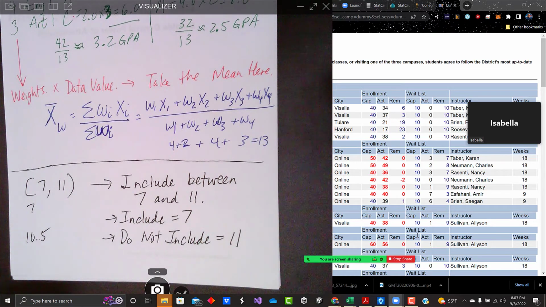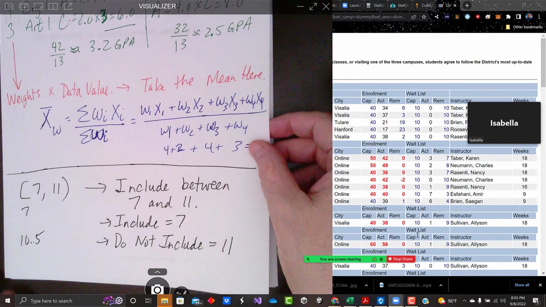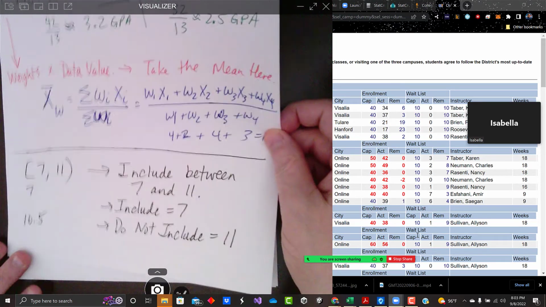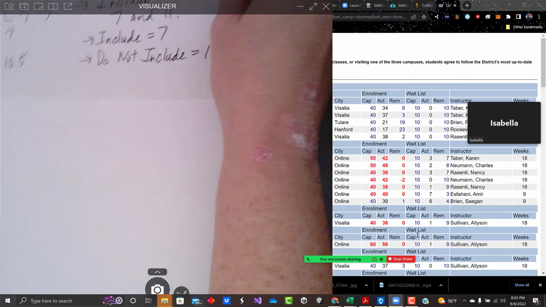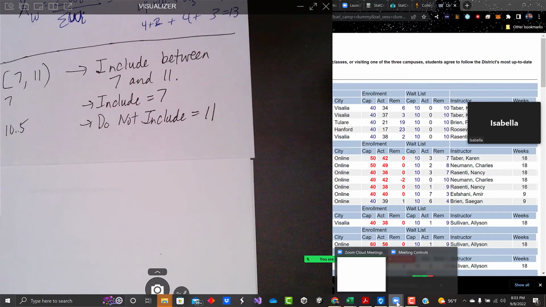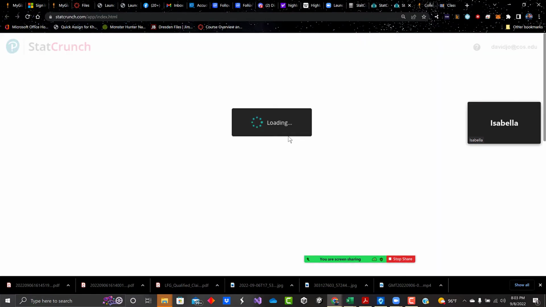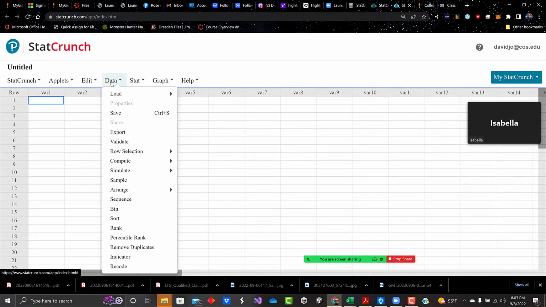This is kind of how they do it in the class size and stuff like that. Let's see how StatCrunch does it.